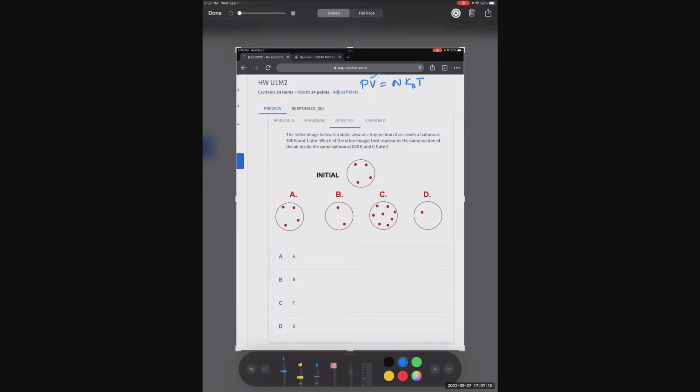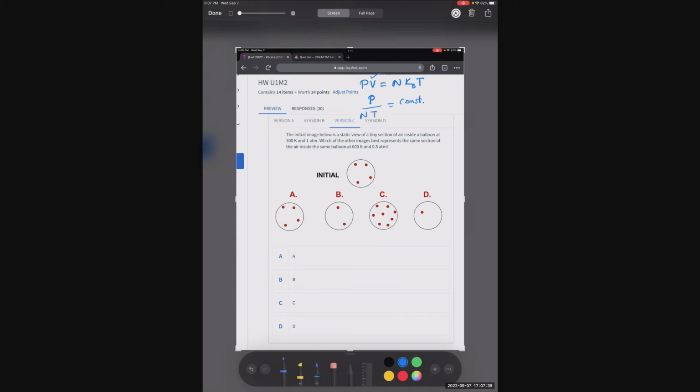So what we have here is pressure divided by N divided by T is equal to a constant. That's what we have. Now let's do the same thing.